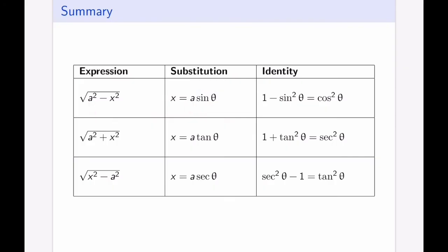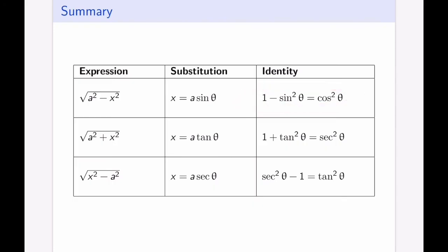So this a is a constant, this x is your variable. Keep this in mind throughout. If I have an expression inside my integral that includes a square root of some number minus my variable squared, then my corresponding substitution is going to be sine, probably scaled by some number, and the identity I'm going to utilize is the one between sine squared and cosine squared.